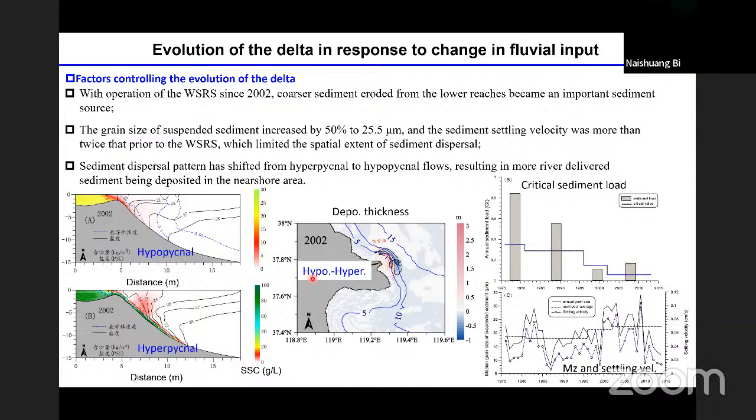So this is a deposition thickness difference. The right one is the positive value close to the River Mouth area, I mean in the nearshore area.